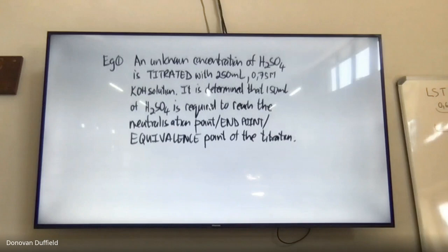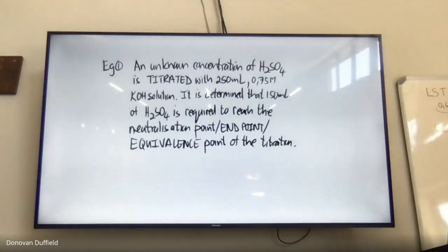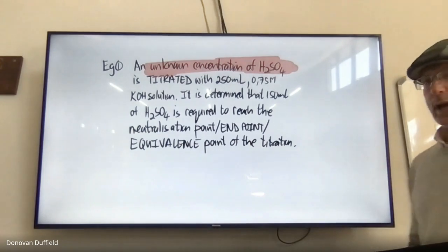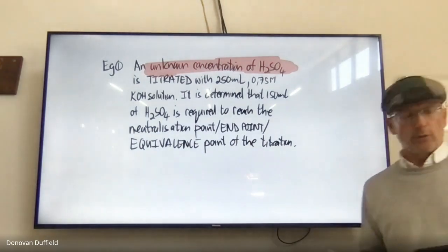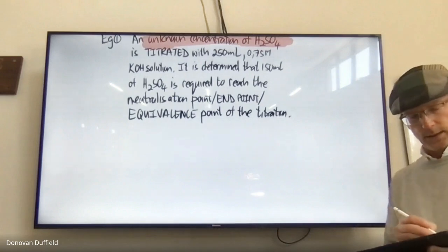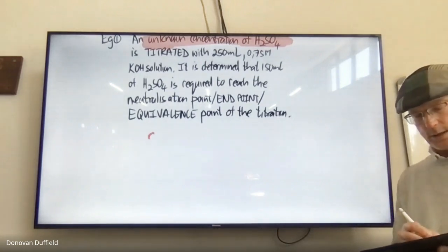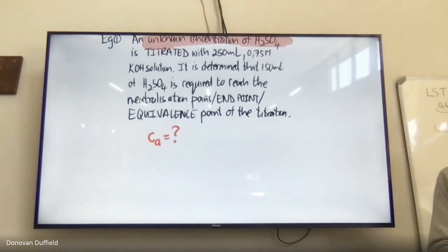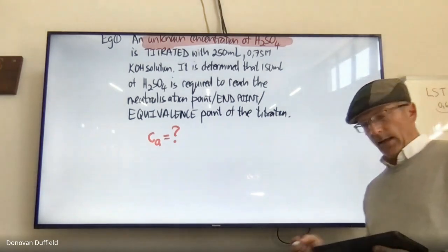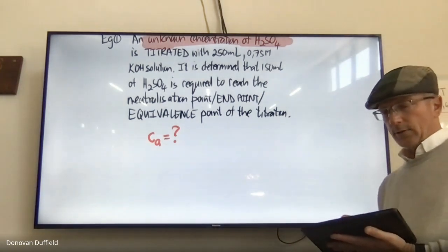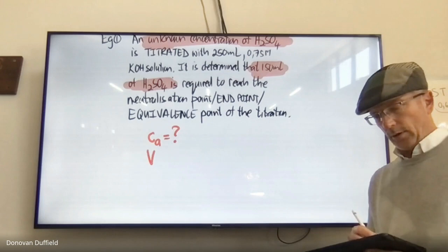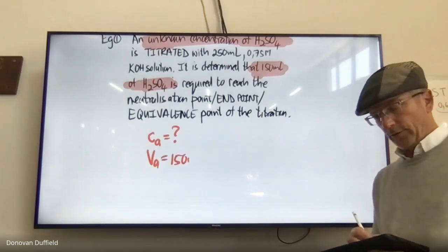Okay, so key things. We have an unknown concentration of H2SO4. I'm going to use red convention-wise for acid, universal indicator is red in an acidic solution. So the concentration of the acid is unknown. The volume of the acid was 150 milliliters.